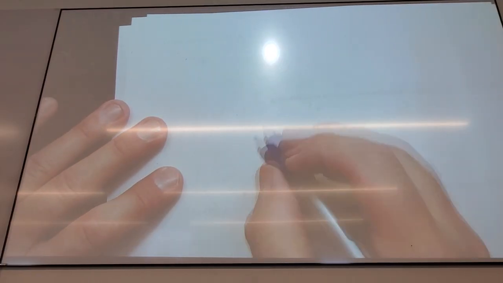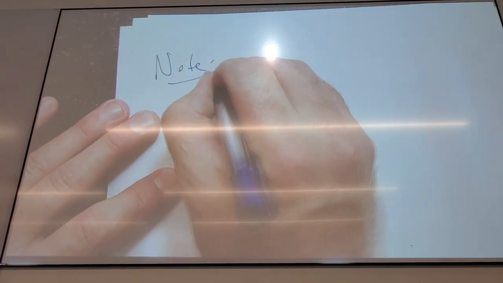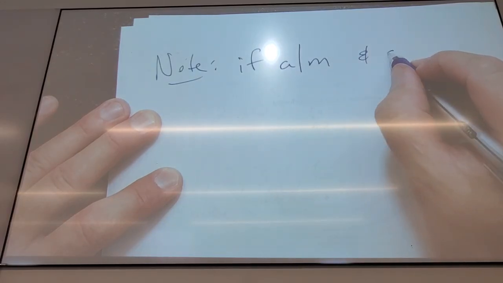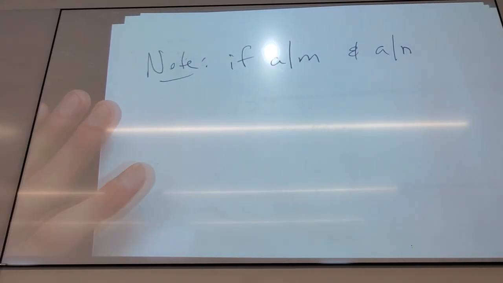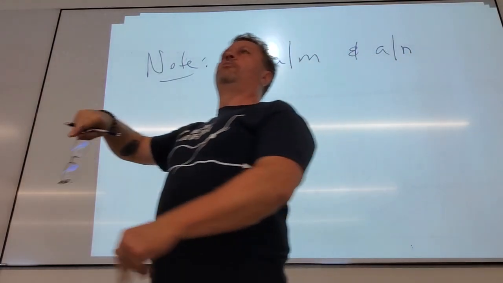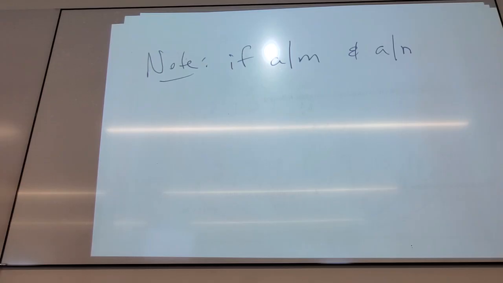Somebody remind me. How do you read this in English? If A divides M, so A goes into M, and A divides N. So if A goes into M and A goes into N, you with me?